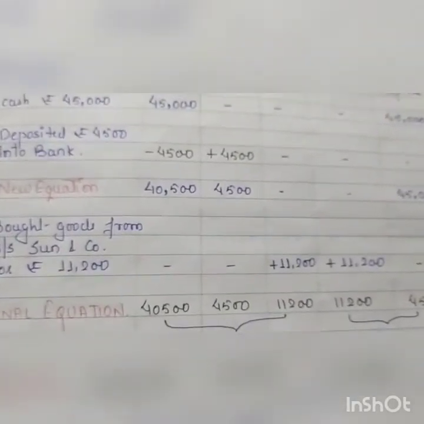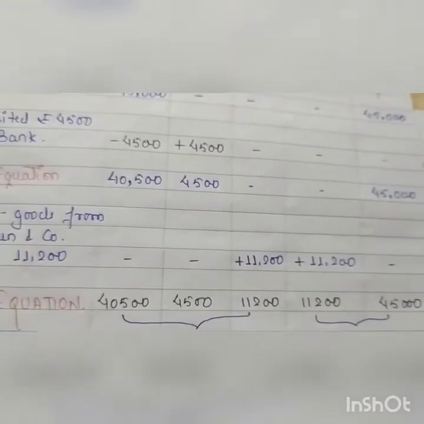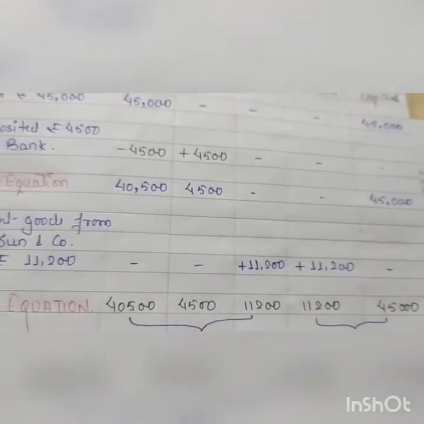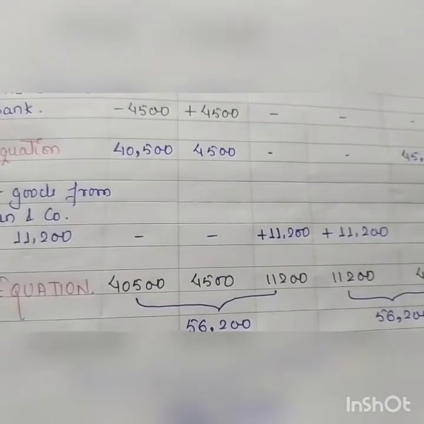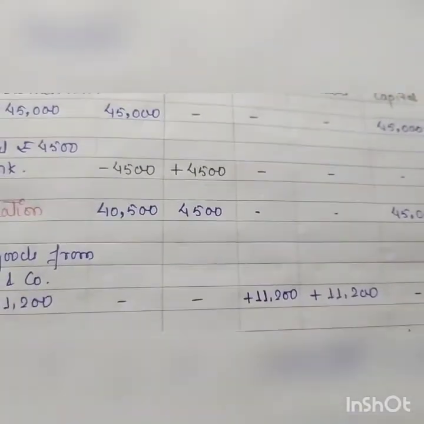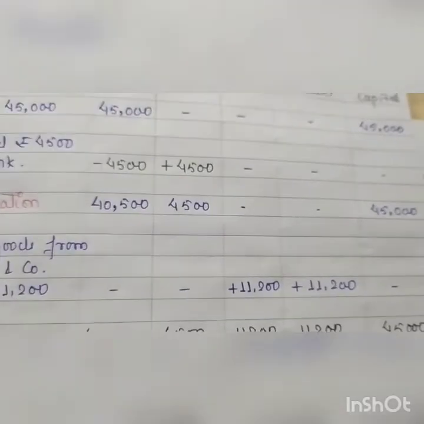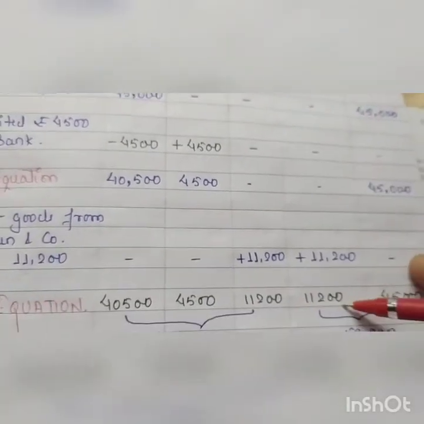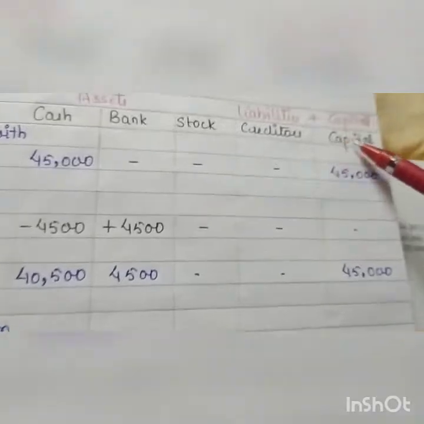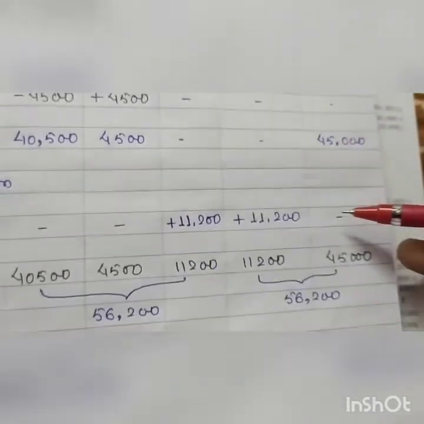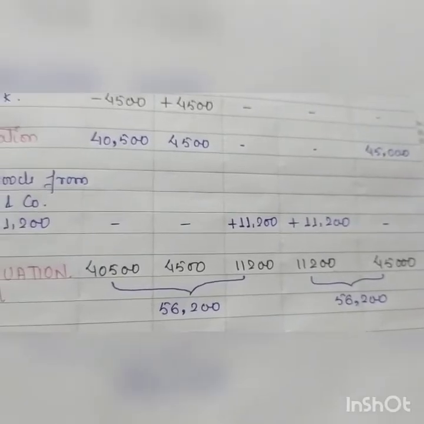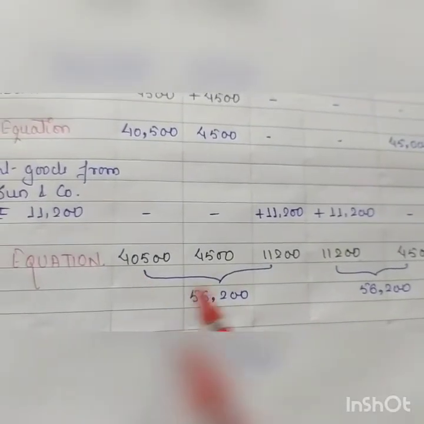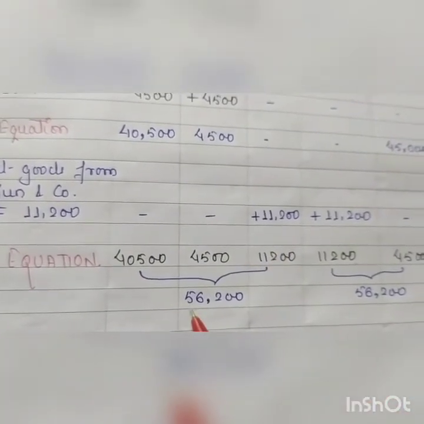cash balance is 40,500. Then bank balance, you can see 4,500. Stock 11,200. Here we have creditors 11,200 and capital balance is given 45,000. Alright. Total of asset side is 56,200.